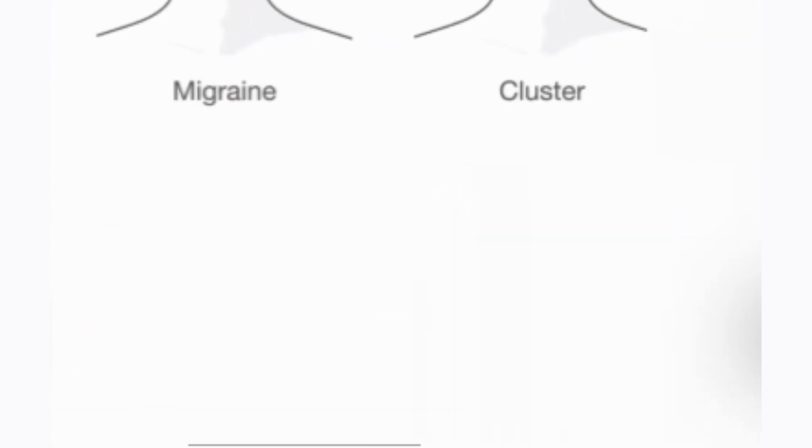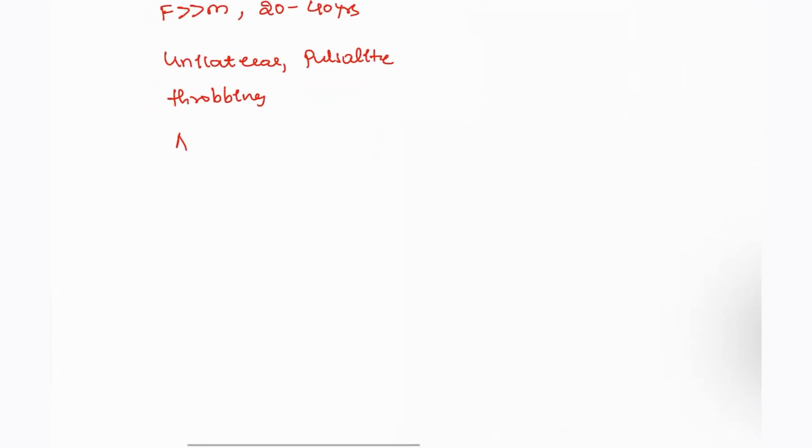Next, moving on to the migraine type of headache. Migraine is again commonly seen in females. Age is commonly 20s to 40 years. The headache pattern will be unilateral, pulsatile, with throbbing headache, and migraine will be associated with aura.